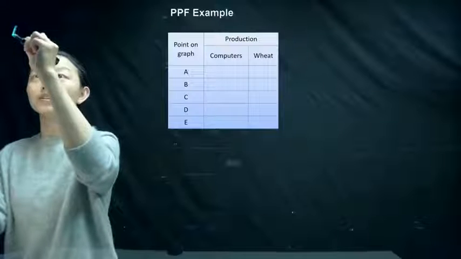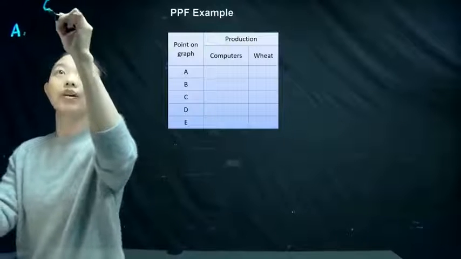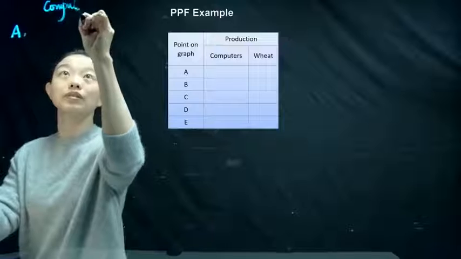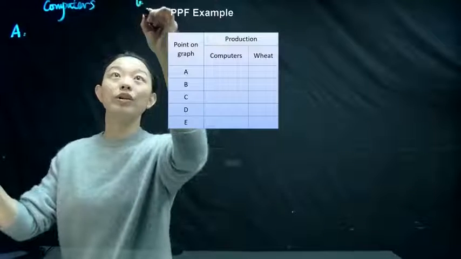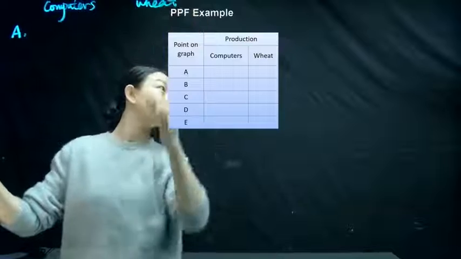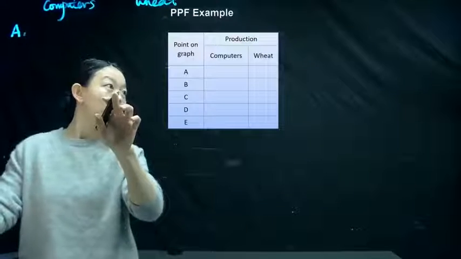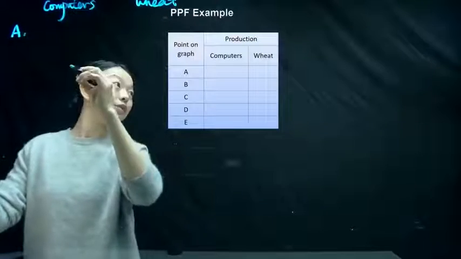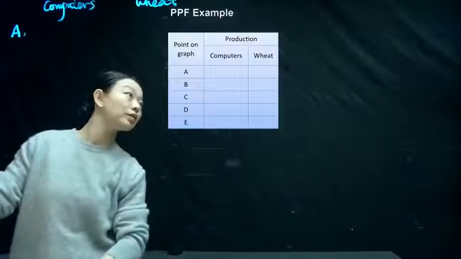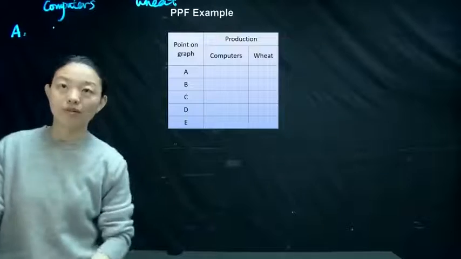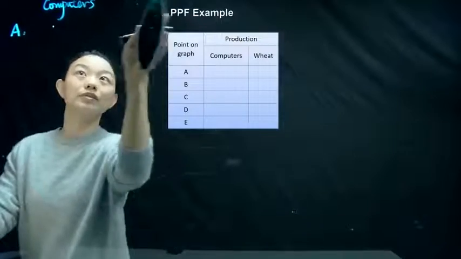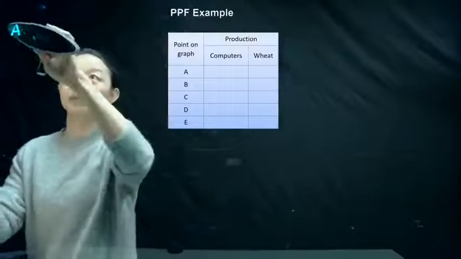For point A here, I will have computers, and then we will have the wheat. So for computers at point A, we will have 5, let me just write it a little bit lower.